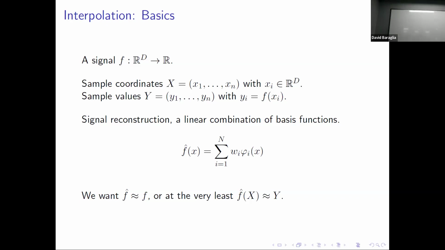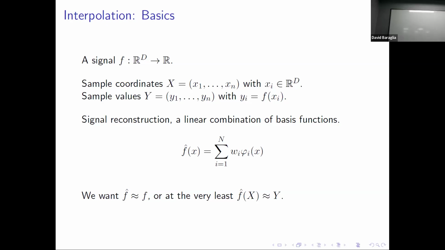Our samples, we can split up into a matrix X containing all the sample coordinates, and then a vector y containing all the sample values at those particular coordinates. With classical interpolation, a common approach to signal reconstruction is we try to create our reconstruction f hat of x by taking a weighted sum, a linear combination, of some basis functions.